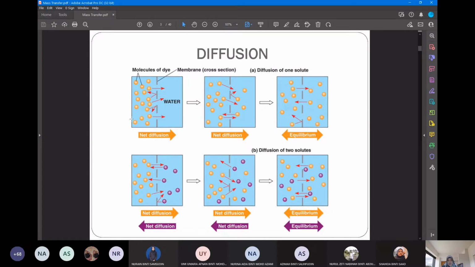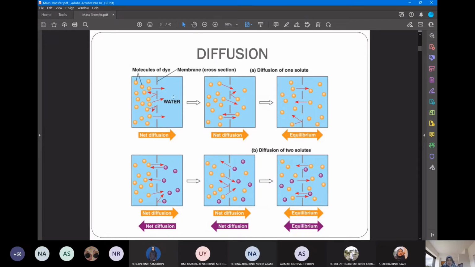The yellow component moves from left to right. Why does it happen? It happened due to the concentration difference. What does the concentration difference represent? It represents the difference of concentration of the yellow component here, or dye molecules here.